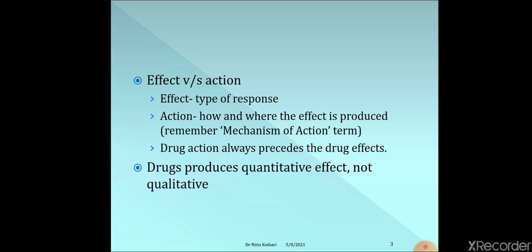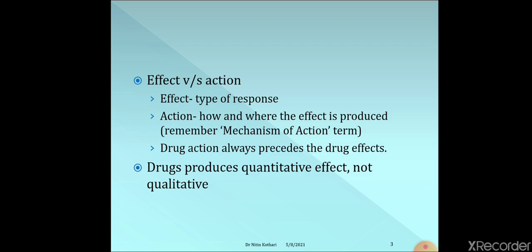But how this effect is shown, what biochemical changes have been done by enalapril, that is action. Enalapril reduces blood pressure, that is an effect, but enalapril reduces blood pressure by inhibiting the angiotensin converting enzyme. This inhibition of angiotensin converting enzyme is the action.